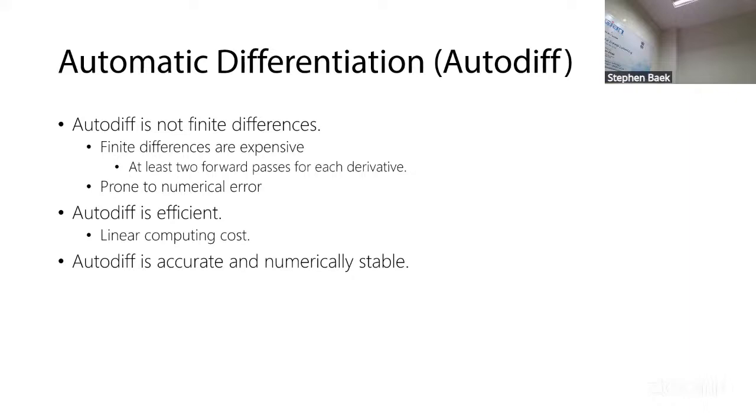Again, AutoDiff is efficient, maybe not as efficient as the process of just flowing the numbers back and forth, because now it involves the creation of computational nodes.